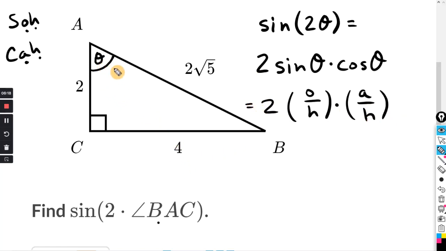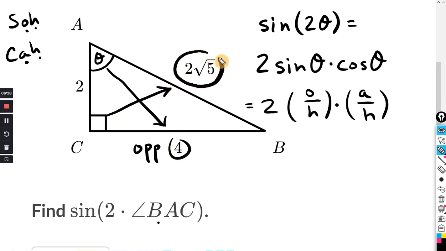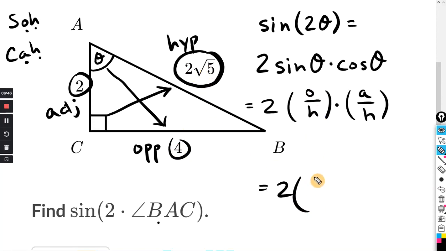Go to your reference angle theta, across is your opposite. Go to the right angle, across is your hypotenuse, and the remaining side is adjacent. So we have the 2. Opposite over hypotenuse is 4 divided by 2 radical 5.